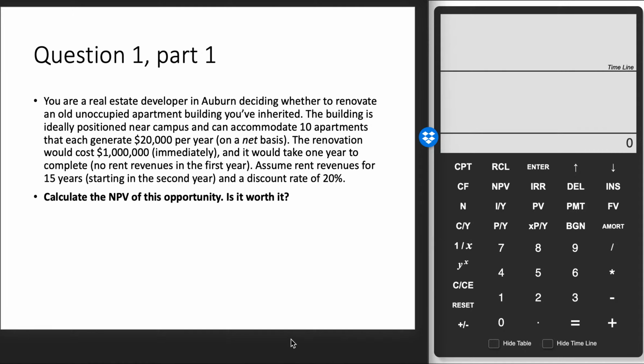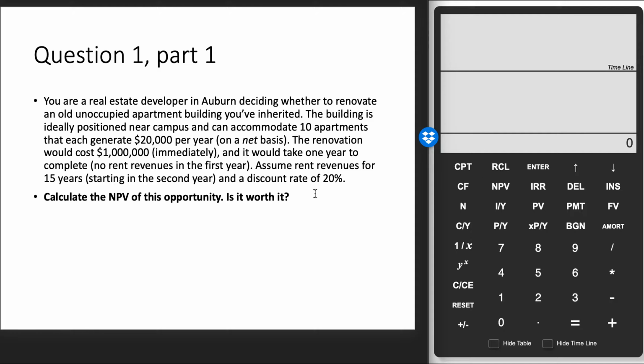Okay, so let's talk about the cash flow situation and what the timeline looks like. So you can see assuming we would have full capacity, in other words, all 10 apartments rented, we can expect to generate $20,000 times 10 in dollars per year.